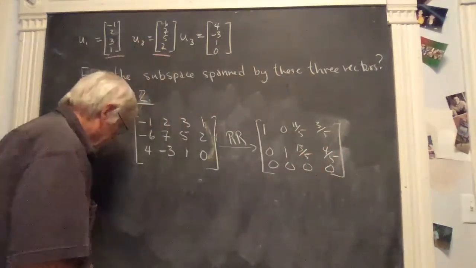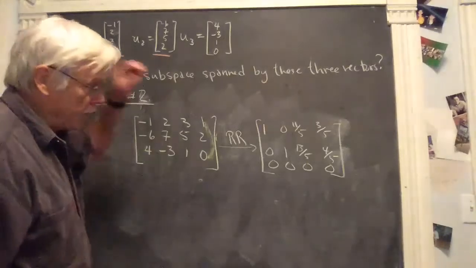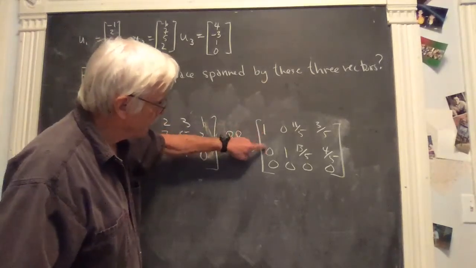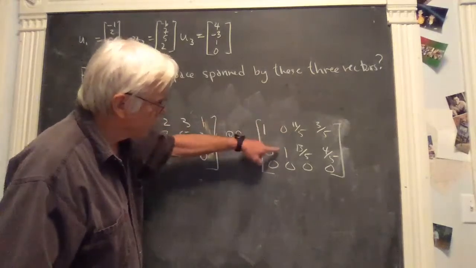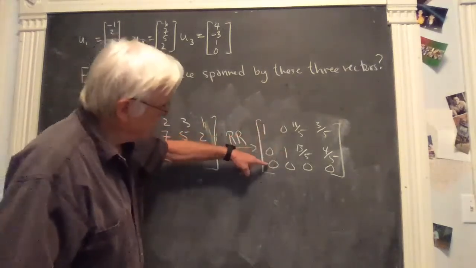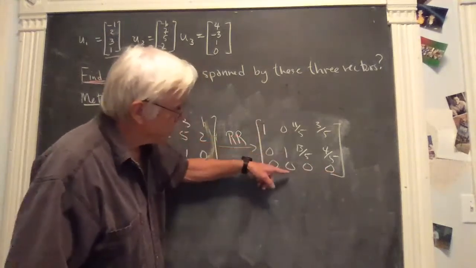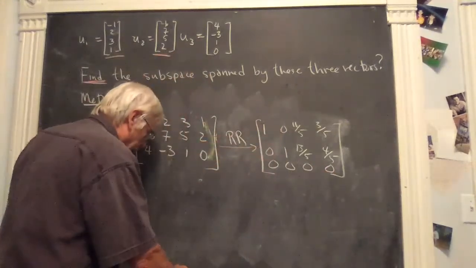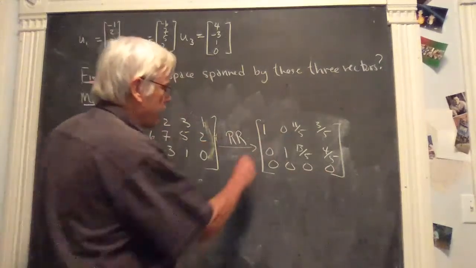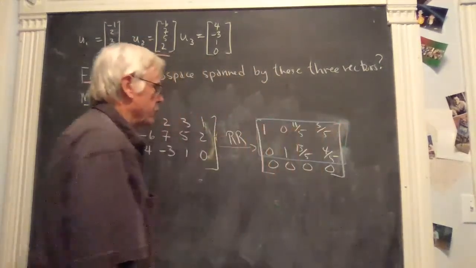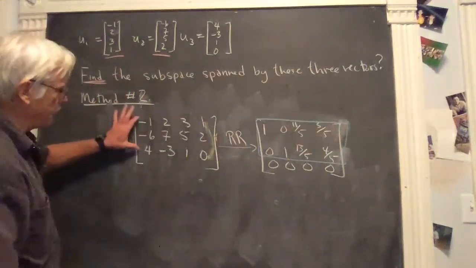Now, it is obvious now that these 2 vectors are linearly independent because of this hierarchy of zeros and ones. This is called a step. And the last row of all zeros is always dependent on everything. So it's easy to pick out the 2 linearly independent vectors that span the same thing that these do.